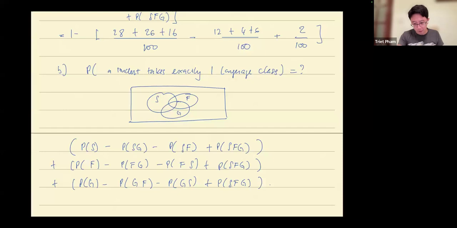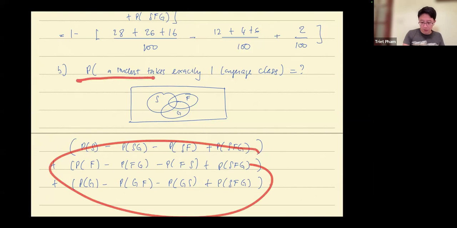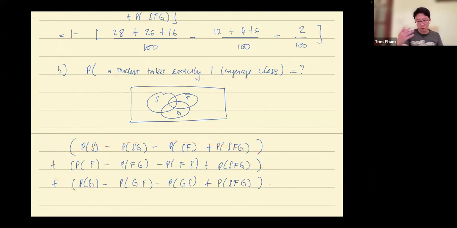So I'm not saying that this is the quickest way or the only way, right? But what I'm saying is, in this problem, you have to write down what you see that describes exactly this region. So for me, what I would do is just do it one by one, right? I would take this region, subtract away this, subtract away that, and add back this, right? But there could be some other approaches. And then just fill in the numbers.